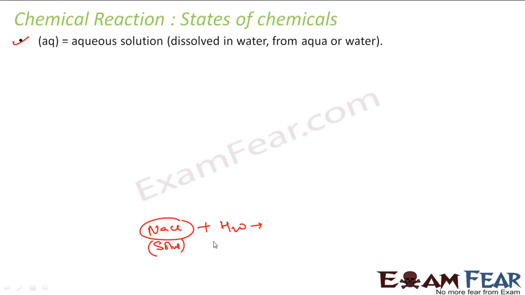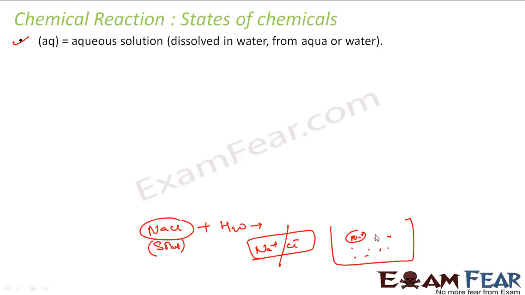Why? Because NaCl is nothing but Na plus and Cl minus ions. There's an ionic bond. We'll explain all these bonds in later chapters. So the bond breaks, and in the water, this Na plus and Cl minus flows actually. And this is an aqueous solution because this is a dissolved thing.